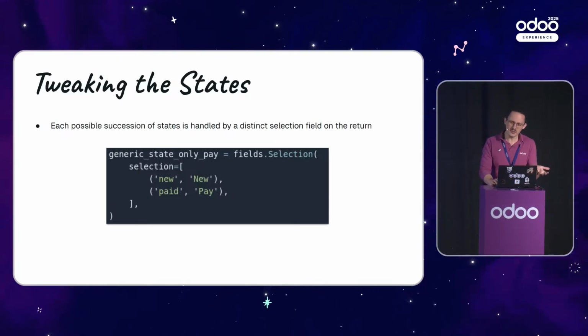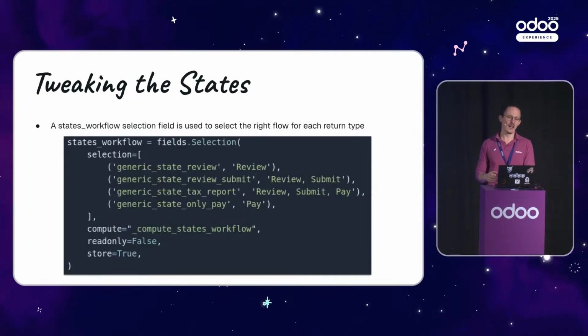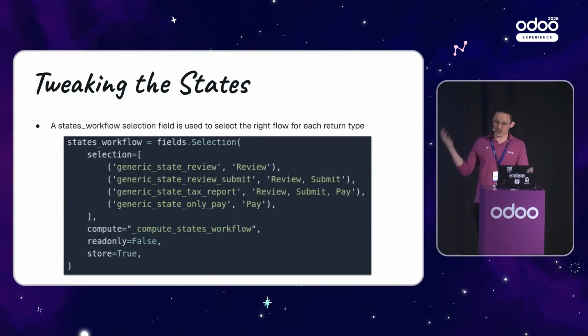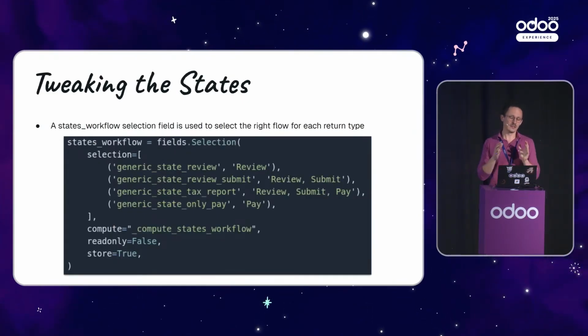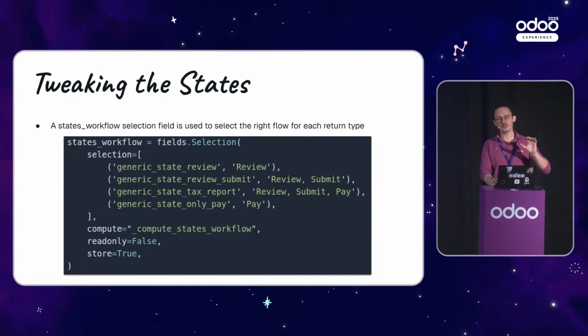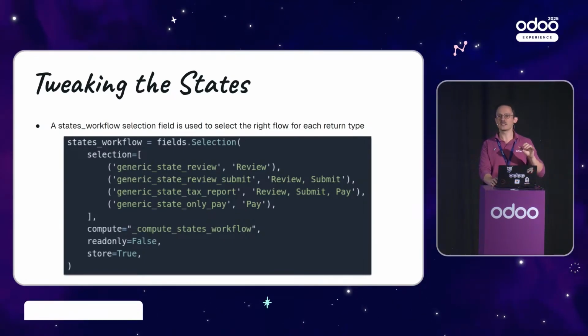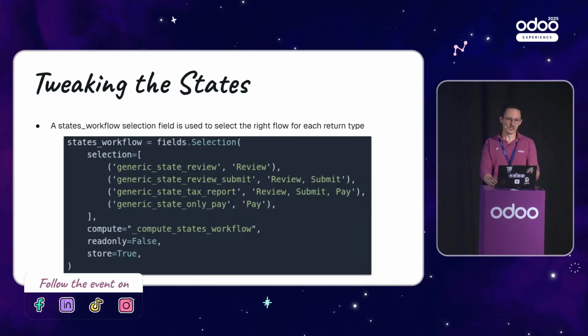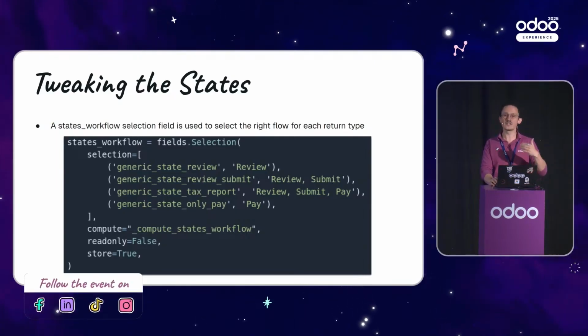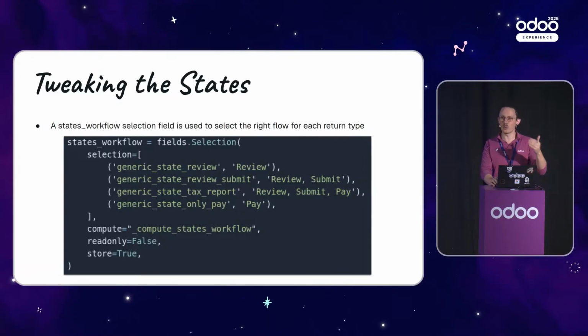Well, there is an additional selection field, on the return type this time, and this field takes the name of the selection fields that are flows for the returns. So for the states workflow on the return, you set it to the name of the field that you want to use on the returns to get the state.